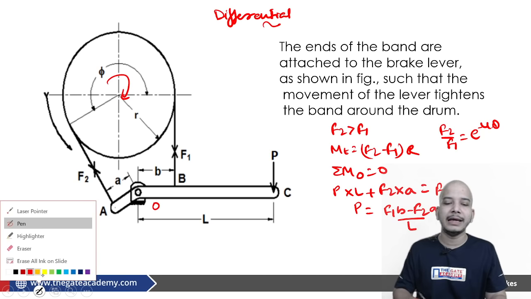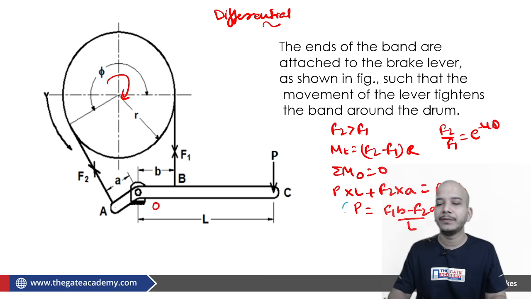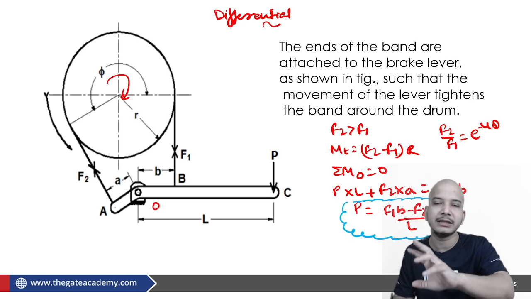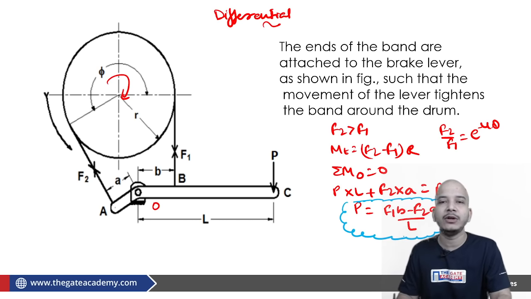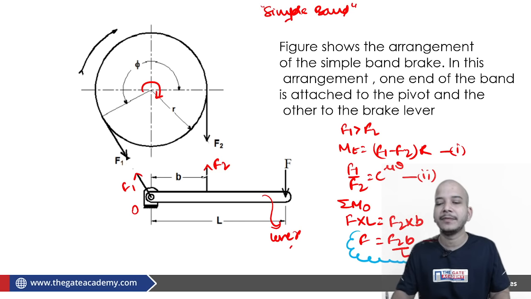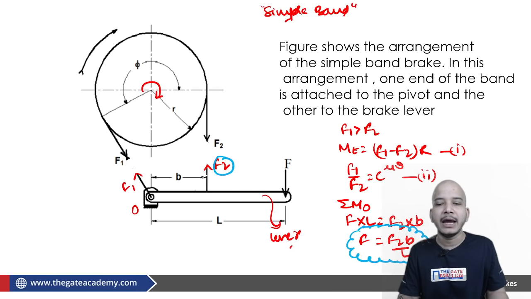Now, there lies an interesting point. If I ask you about the possibility of self-locking, I'm not saying that in this case self-locking is occurring. Unless P's value is greater than 0, self-locking is not there. If I ask in which of the band brakes, simple or differential, self-locking is possible, you can observe very easily that in a simple band brake it is never possible to have a self-locking condition, because there will only be one force, which will have some moment about the hinge point, and this should be balanced.